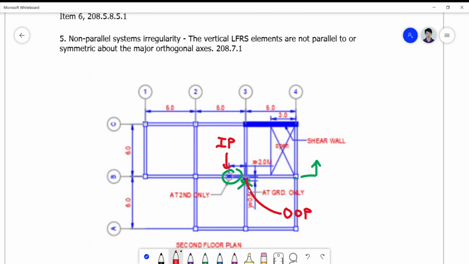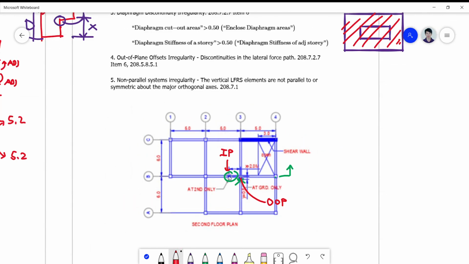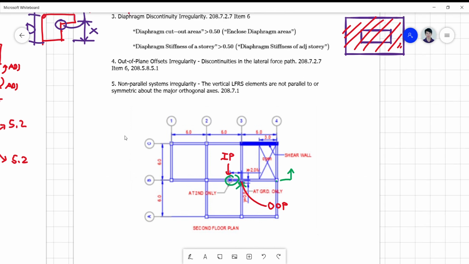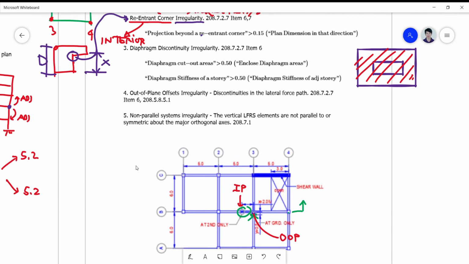Okay, so if you look at frame B, my OOP is this column here. But if I look at frame 3, my OOP is this column here. Okay, so you have to look into those important considerations when you are dealing with these irregularities.